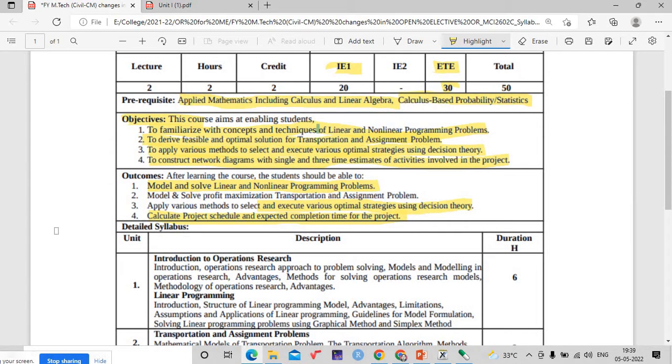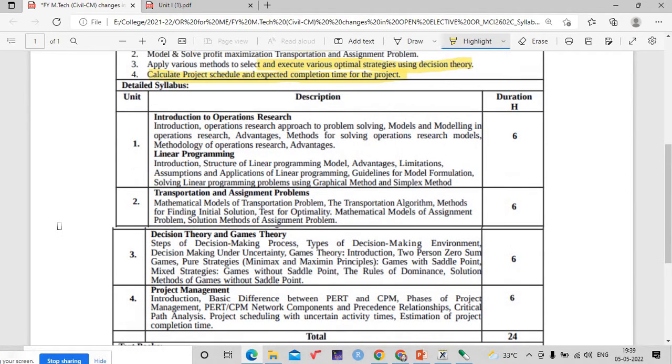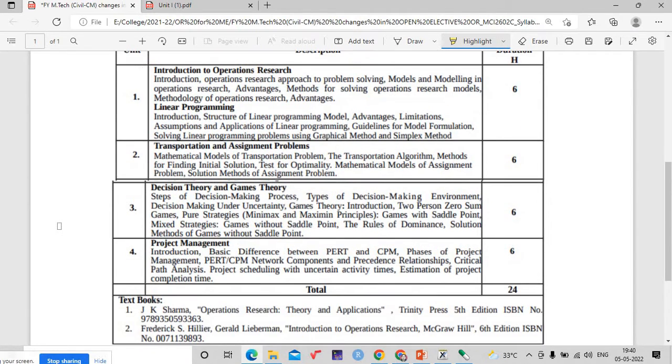So these are our major outcomes. Total 4 units are included in this particular course, and each unit will be engaged for 6 hours. So total 24 hours schedule we will be planning for operations research.